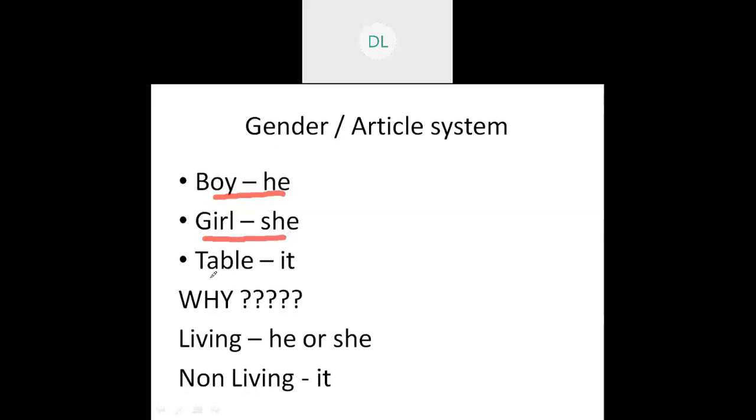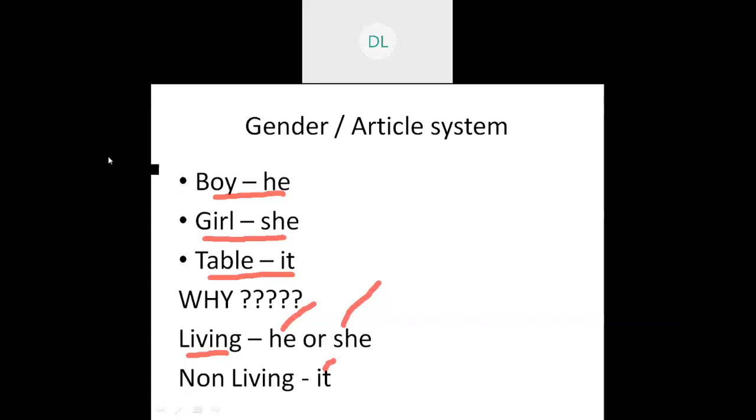Similarly, the table is round in shape, the table is black in color. For the table, I was using it. Why? Because in English, if it is living, I use he or she, and if it is non-living, I directly put it. So this is the system of our English.